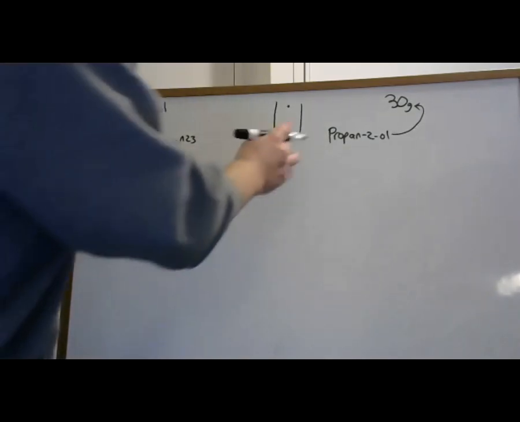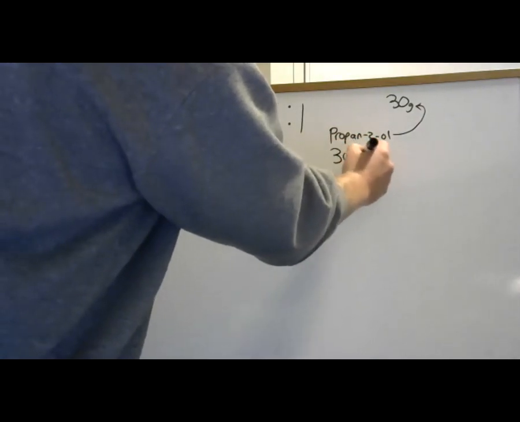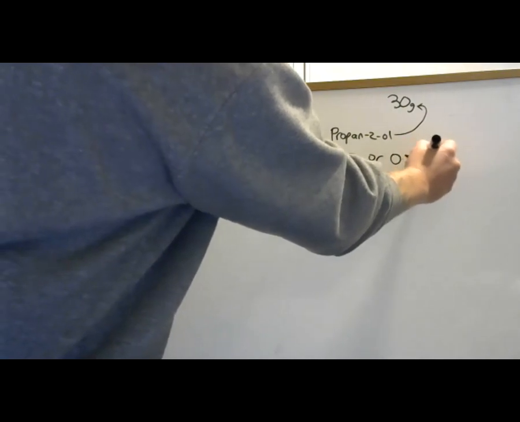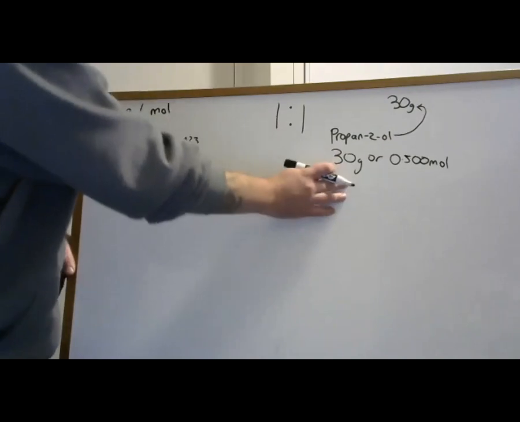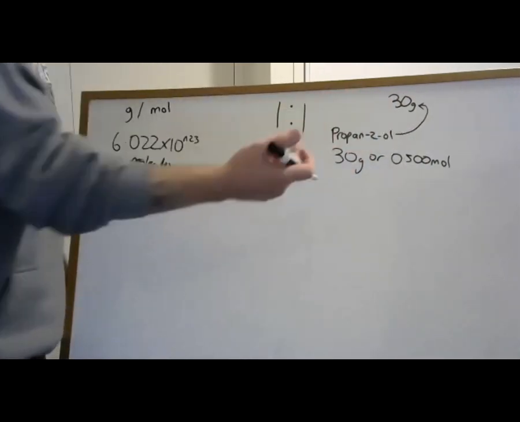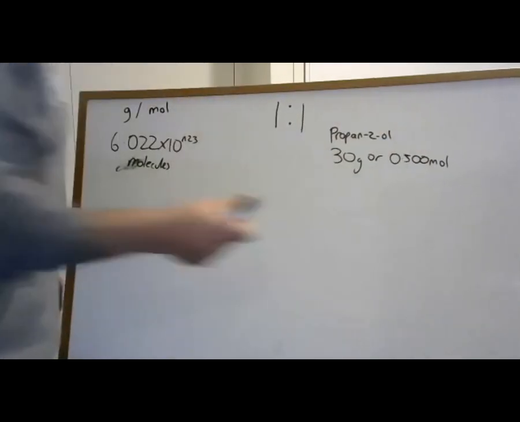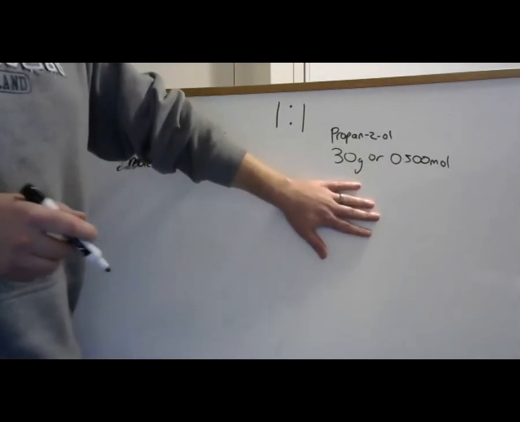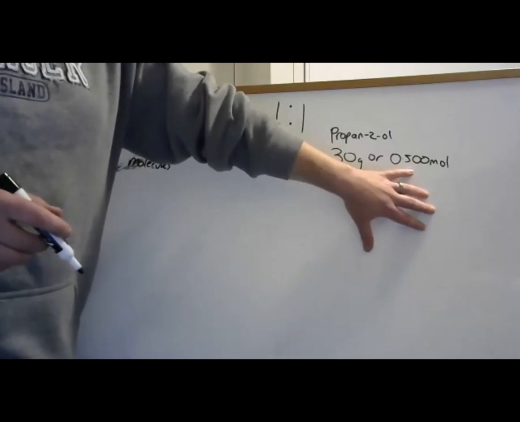So we have 30 grams of propan-2-ol or 0.500 moles. Grams tells us its mass, how much it weighs. This tells us how many of these molecules there are. In chemistry, in the industry, you don't care how much it weighs. It doesn't tell you much. You need to know how many there are.